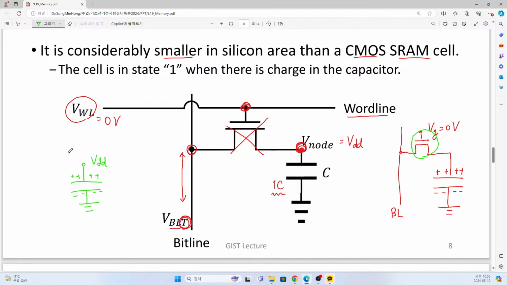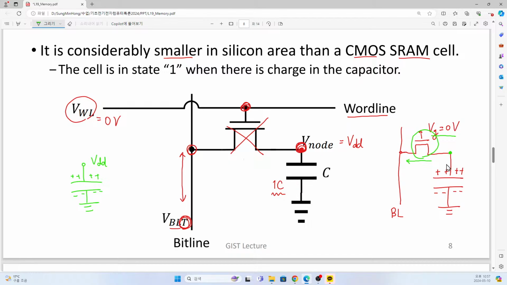However, here we have to consider the reality. Although we apply 0 volt to this transistor, unfortunately, this transistor can conduct a small amount of current. So now we may have a small amount of current between this bit line and our storage node.